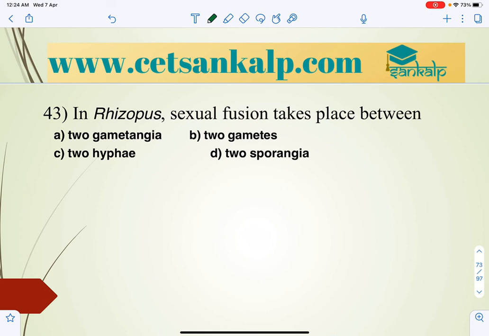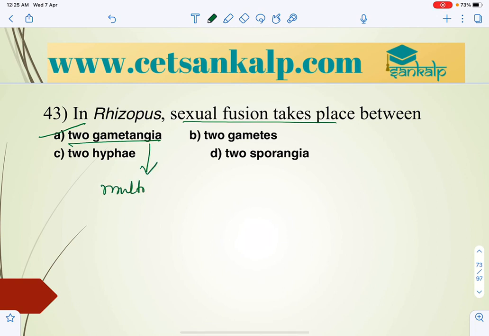In Rhizopus, sexual fusion takes place between? Generally, sexual fusion takes place with the help of two gametangia. Sexual reproduction takes place by conjugation between two multinucleate but single-celled gametangia.